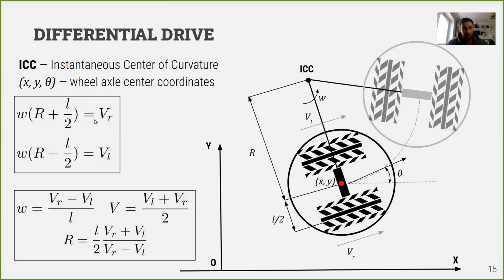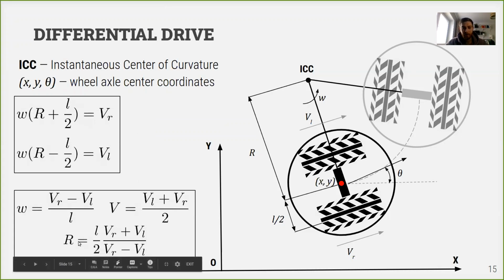So we can derive two speeds of our robot, but actually we control those speeds ourselves. So knowing these two speeds, we can derive the angular velocity, we can derive the speed of the robot as the average of the left and right wheel speed. And also we can derive the radius.